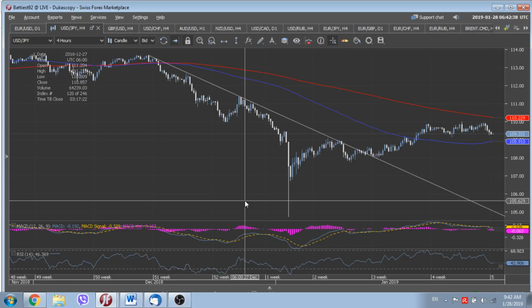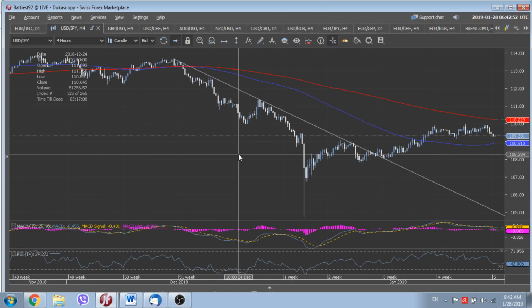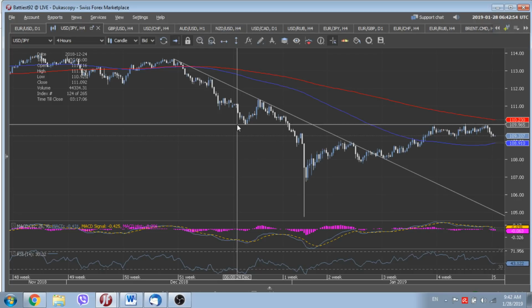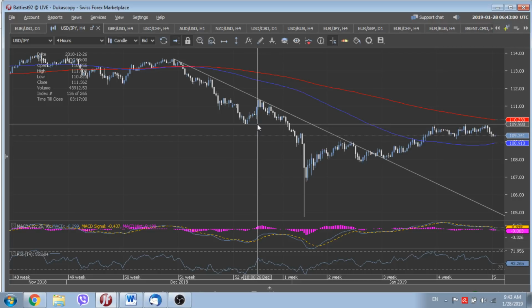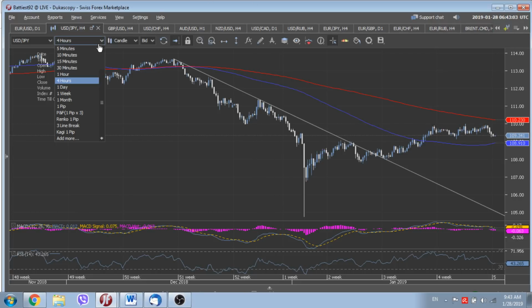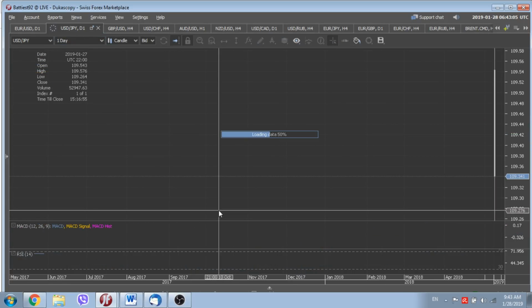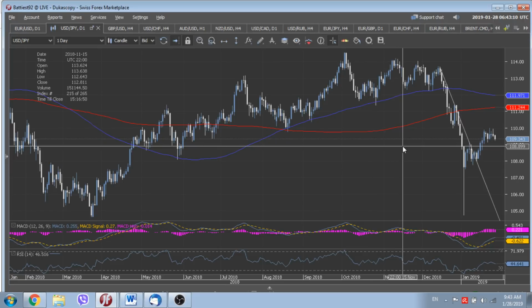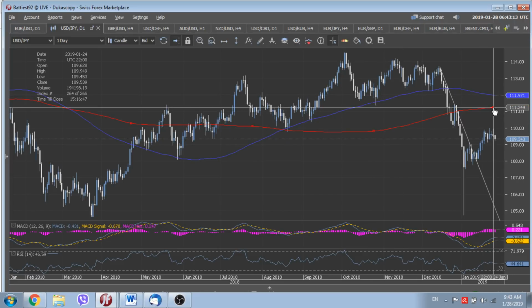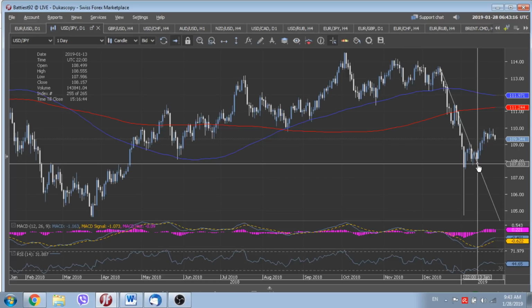We continue to suggest that the level 110 should present an important barrier to the upside, both from a psychological point of view and because we see an interesting resistance there. A break and closing above that level should probably move the attention of market participants further to the upside, and in this case we could see a retest of the 200-day moving average located at 111.25.